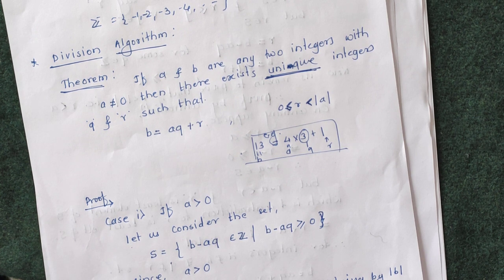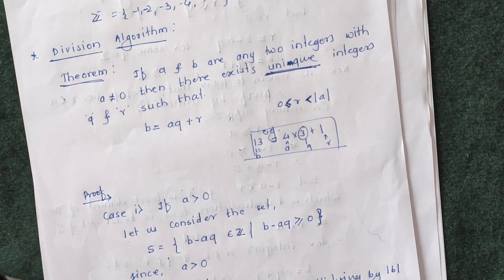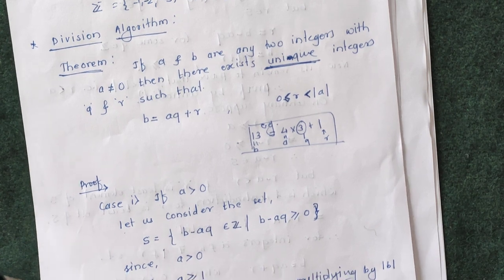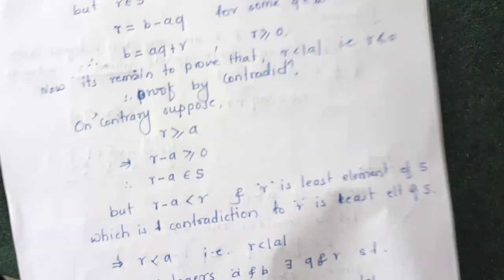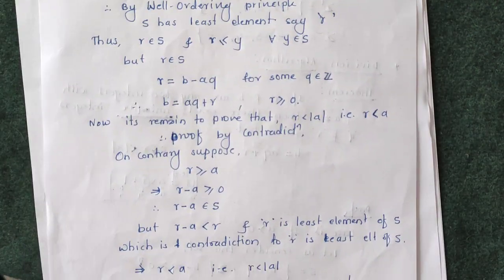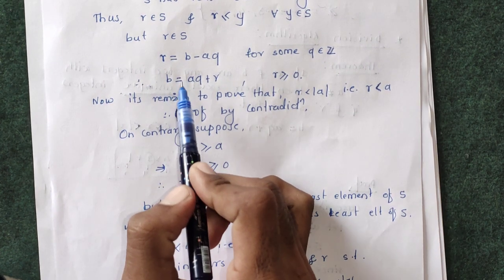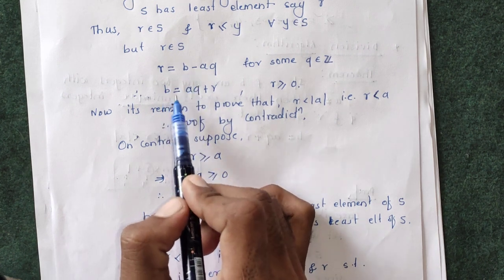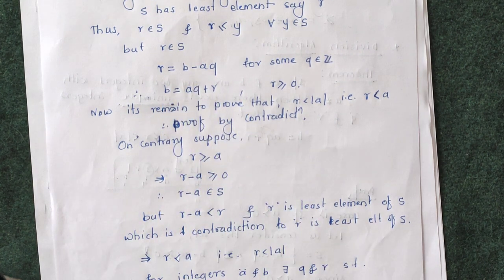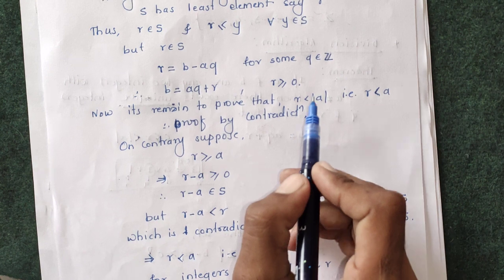For this set we have proved it is non-empty, and after applying the well ordering principle we get R, which is the least element of our set S. So R is an element of set S, so R is again of the form b minus aq, and simplifying this we get b is equal to aq plus R with R greater than or equal to 0.